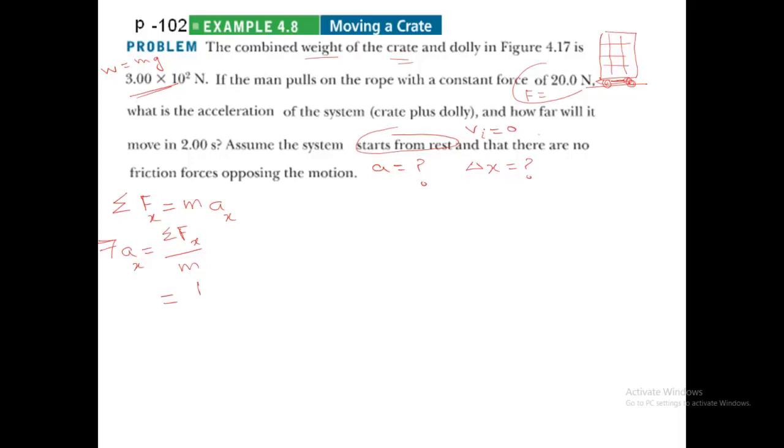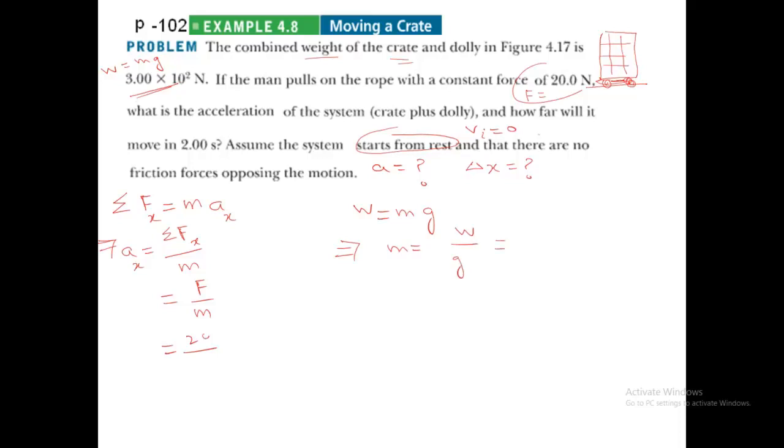The only force is F, which is given to you, 20 Newton, over mass. Mass is not given, but weight is given, mg. So m is equal to w over g.